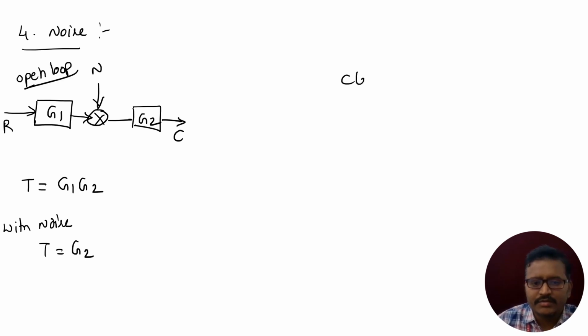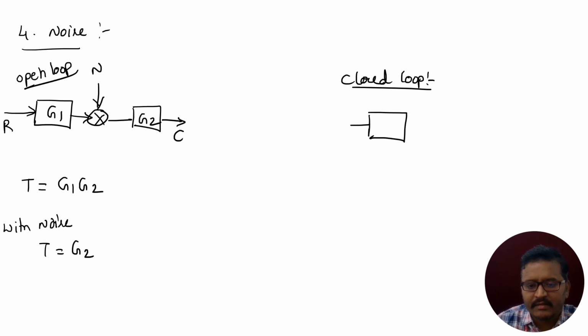In closed loop, you can modify the circuit like this. The plant gains are distributed like G1 and G2, as we considered in open loop. Here there is a chance to get noise. It is like this.